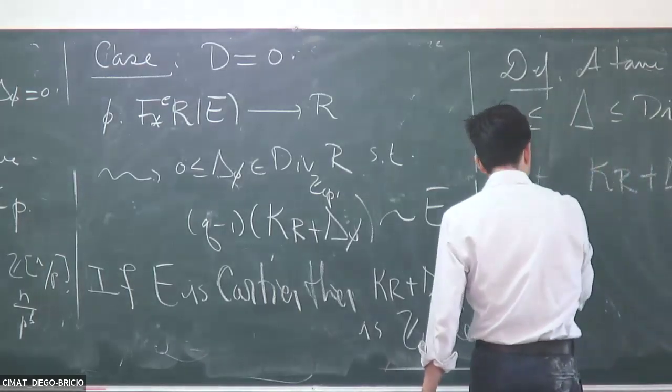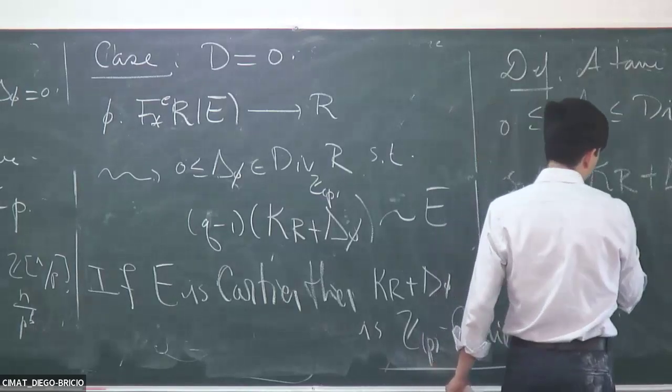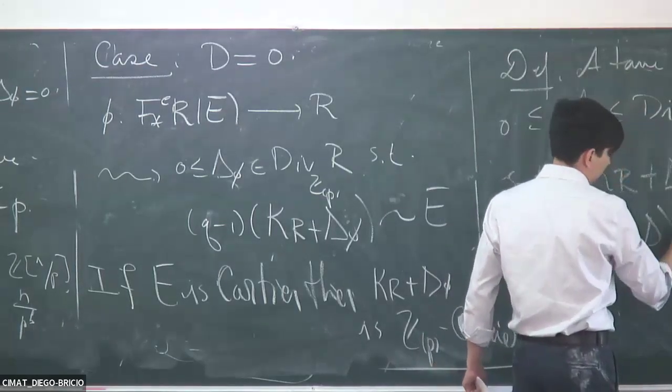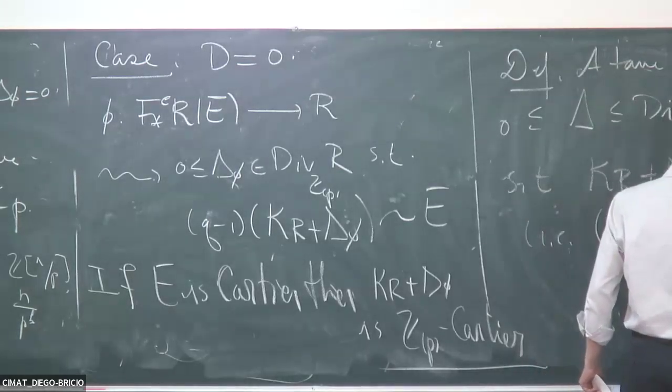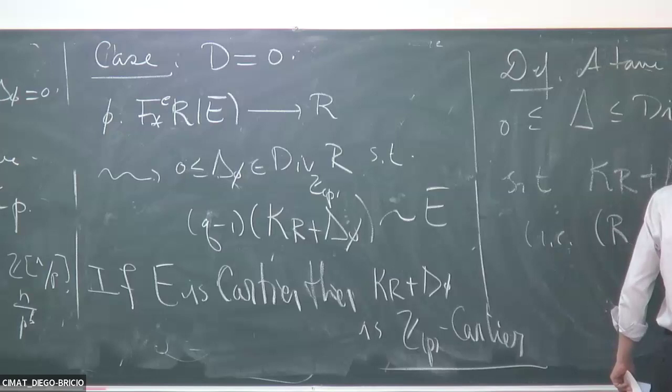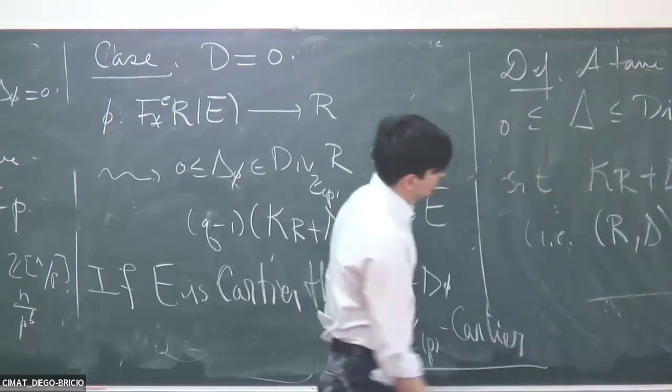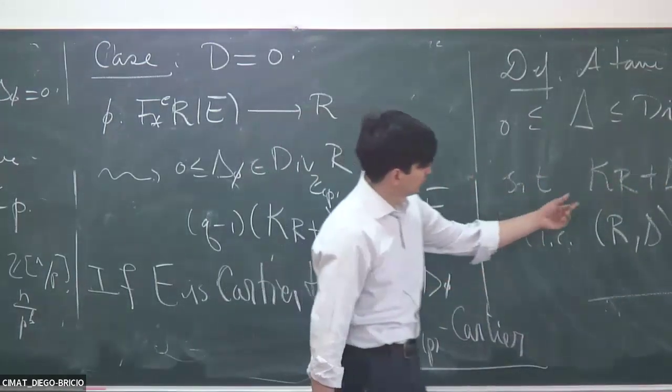Or, i.e., the pair R comma delta is log ZP Gorenstein. That's what you're looking for.